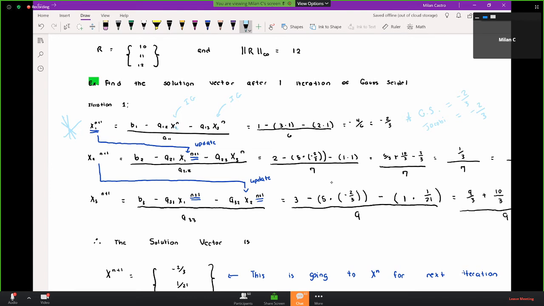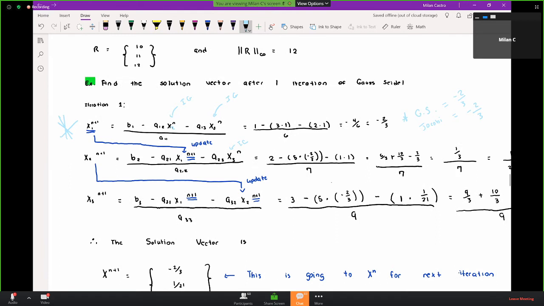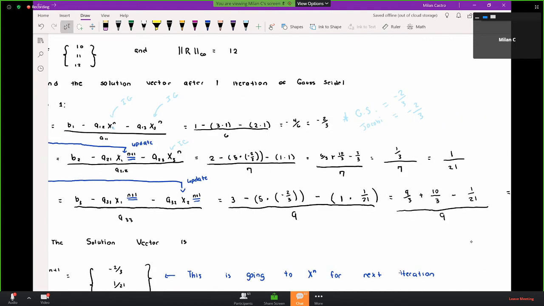And then we have minus a23 times x3n, which is still our initial guess, all divided by a22. So there we get 2 minus 5 times negative 2/3 minus 1 times 1, divided by 7. And you end up getting 1 divided by 21.